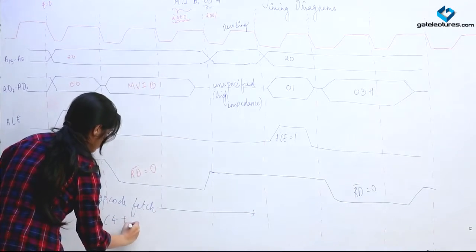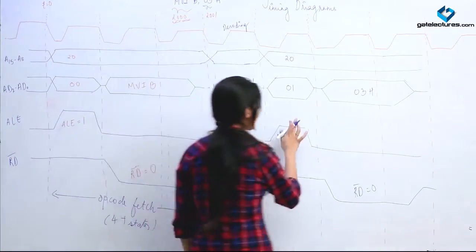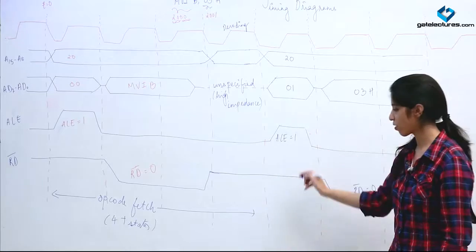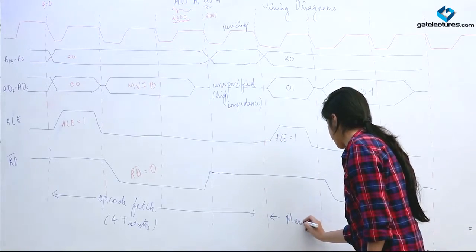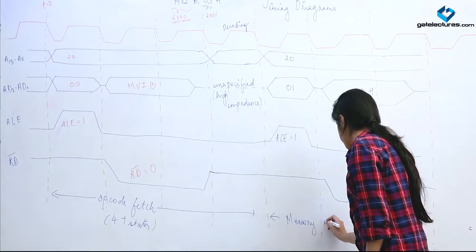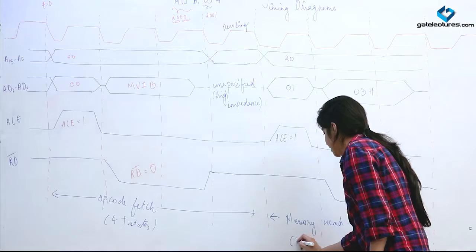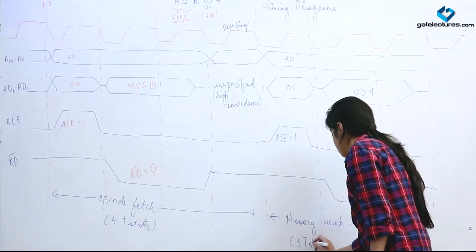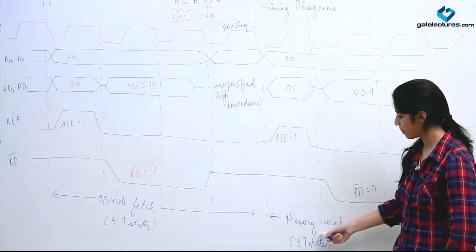And the last 3 clock cycles were required for memory read. So, 3 T states were required for memory read.